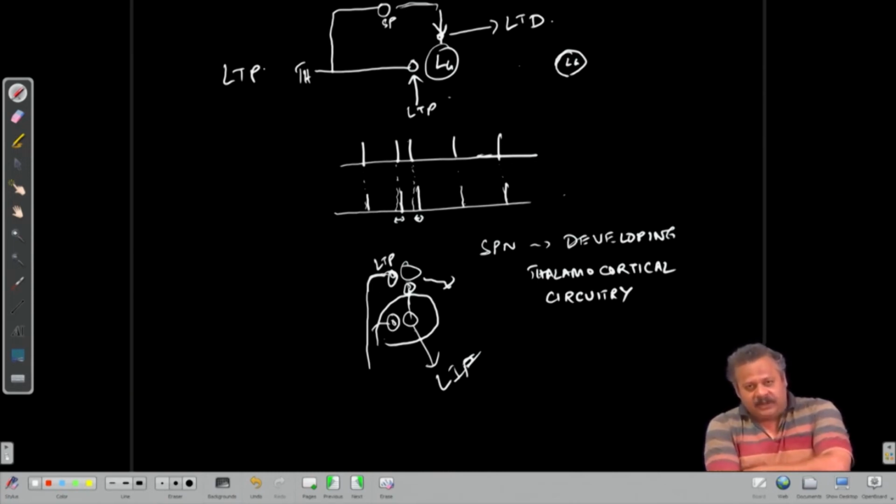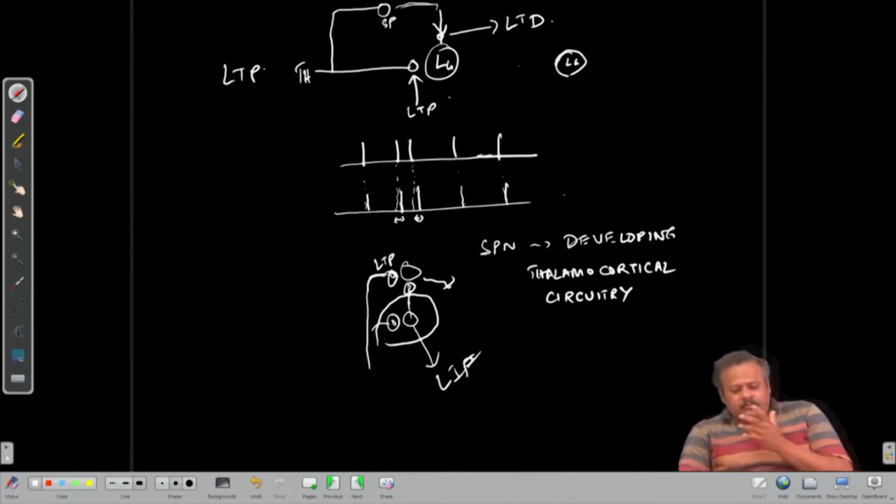That is, if the subplate is removed, then ocular dominance columns do not develop, and with monocular deprivation what is expected is not seen, and these can actually be replicated with the same ideas in a model where you incorporate long term potentiation and long term depression with spike timing dependent plasticity in these synapses during development.